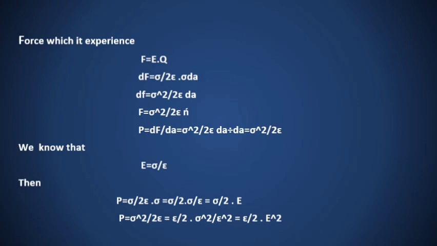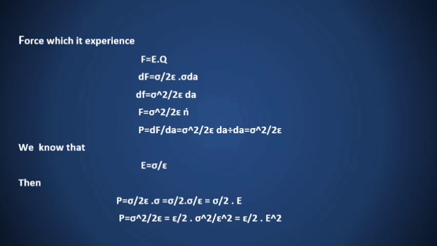Then for a small patch, dF is equal to sigma squared over 2 epsilon dA, and so F is sigma squared over 2 epsilon times the unit vector pointing outward.